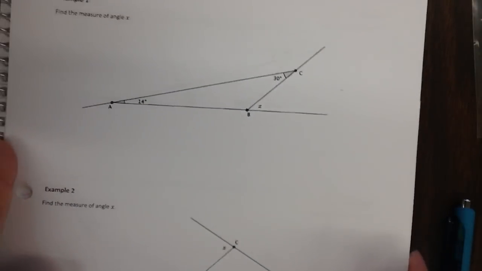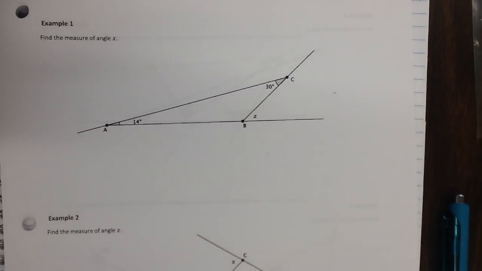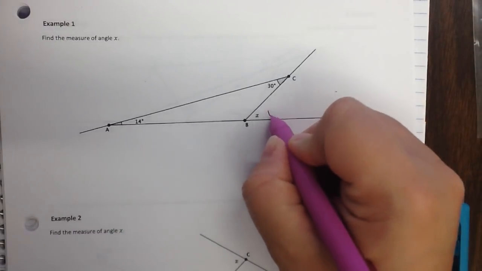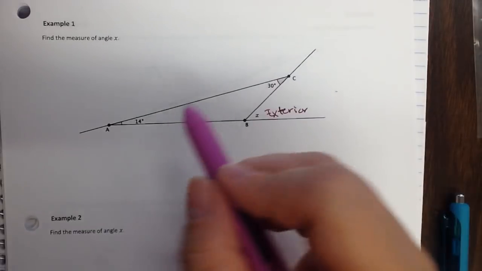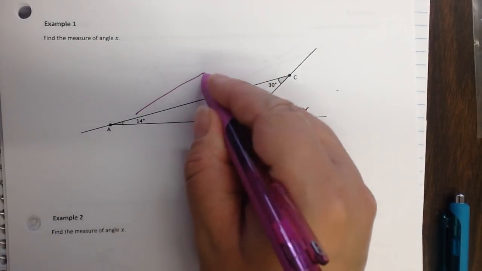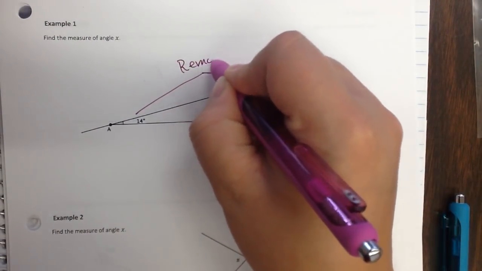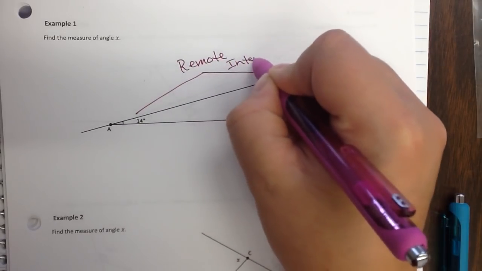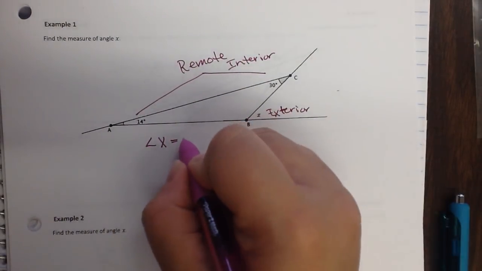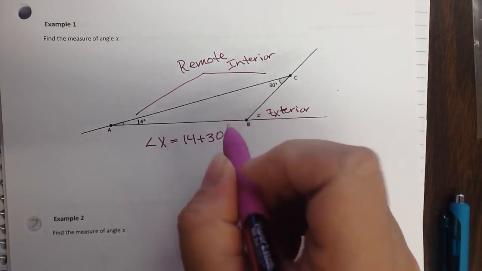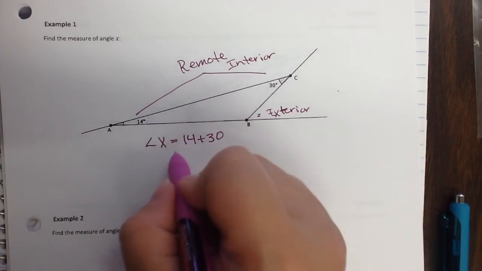Example 1. So now we're going to put it into action here. Find the measure of angle X. So angle X is an exterior angle right here. These 2 are both remote interior. So to do this, you're going to have angle X equals 14 plus 30, because these 2 add together to equal this one.